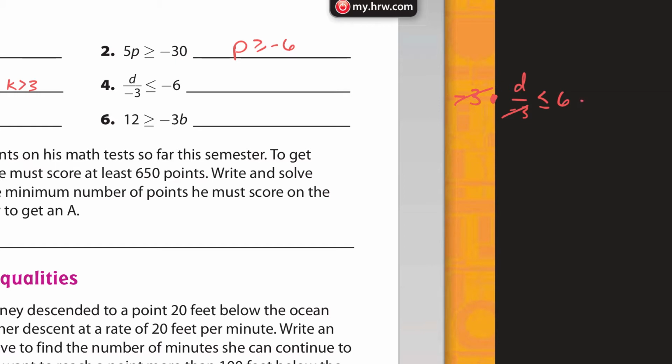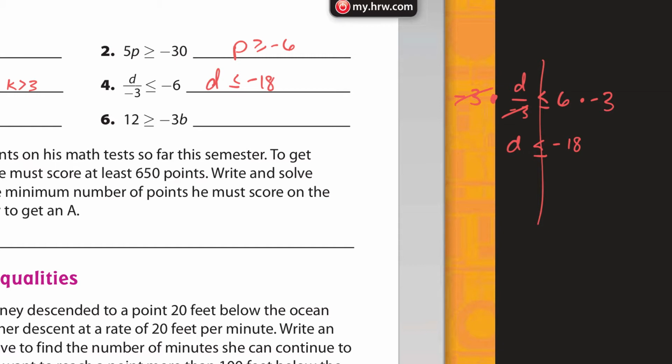And then we're multiplying this side also by negative 3, because what you do to one side of the inequality, you have to do to the other side to maintain that balance. And 6 times negative 3 is negative 18. So d is less than or equal to negative 18.